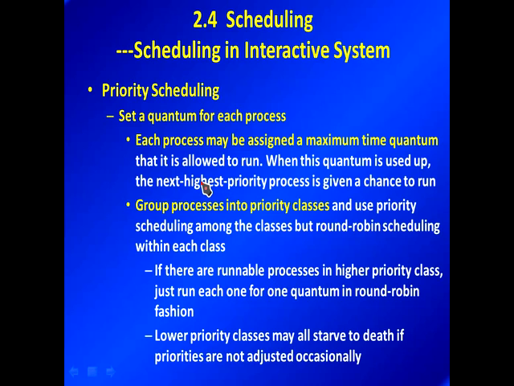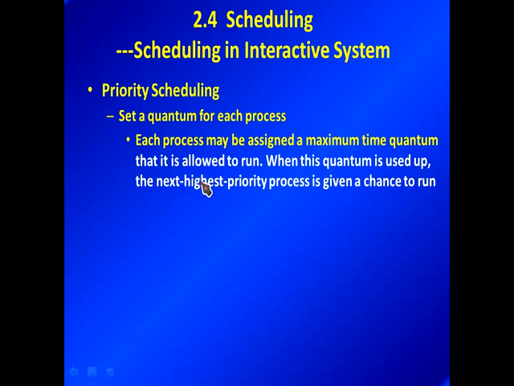But because there are a lot of processes in the system, maybe over 100 processes simultaneously, if we need to set a different priority for over 100 processes, the algorithm is just overcomplicated. So we can modify the algorithm a little bit.